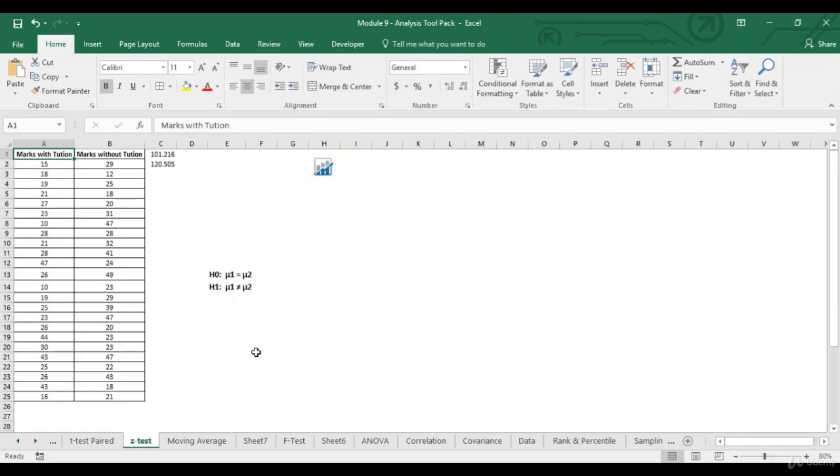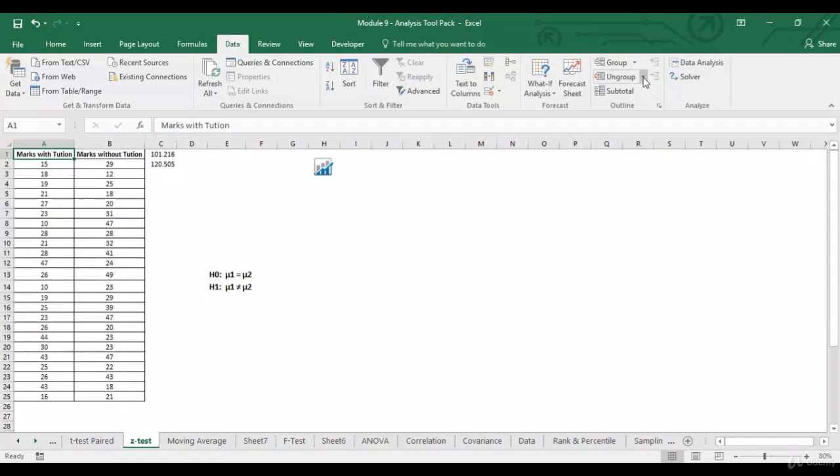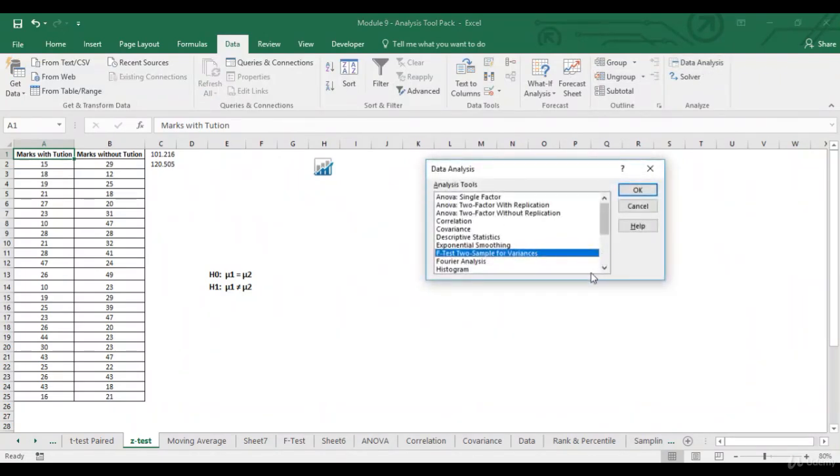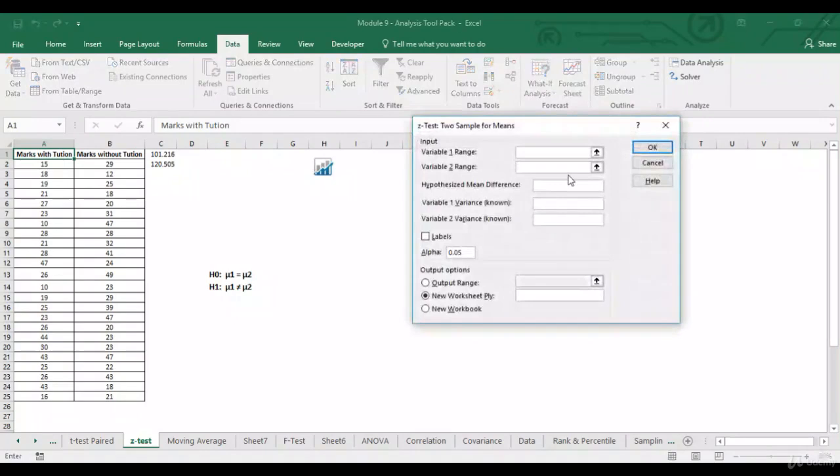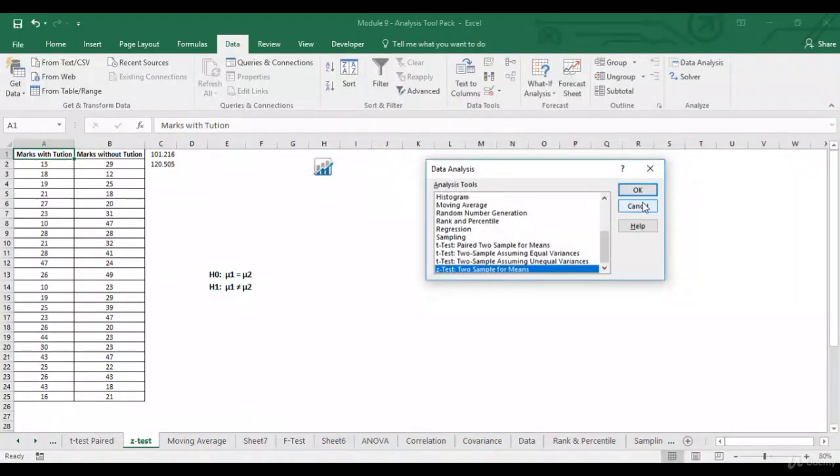So what we'll do, we'll go to data analysis, and we'll use a Z test. Now, one of the prerequisites for this particular test is that you need to calculate the variance also. So let me just cancel this.